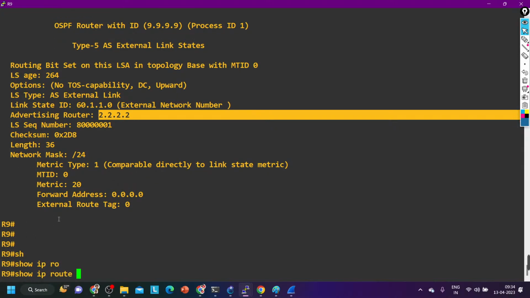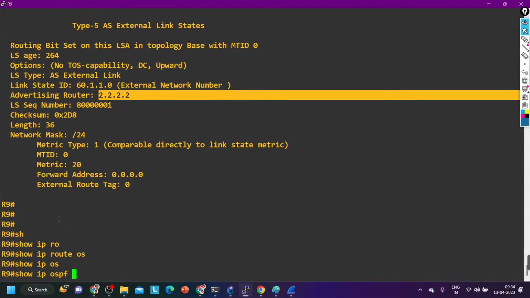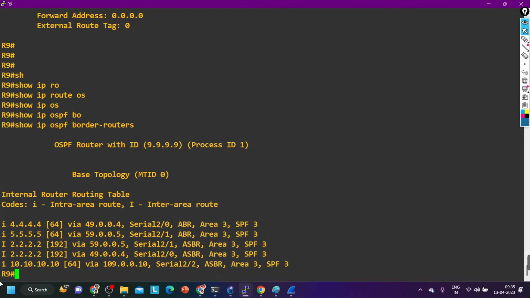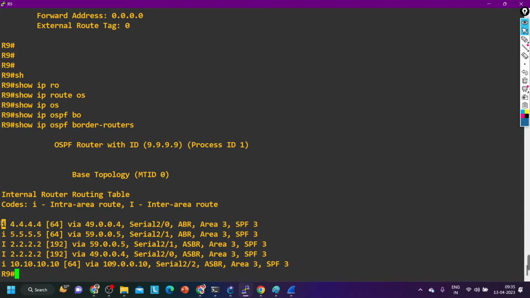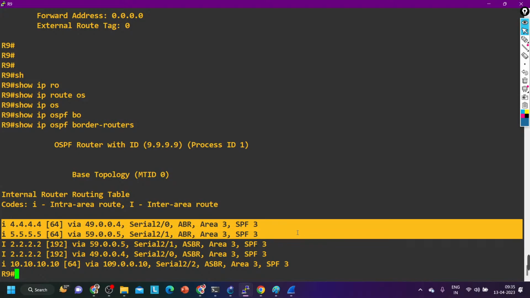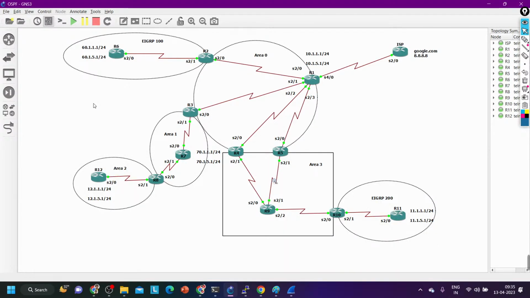So, show IP route OSPF, or by running the command show IP OSPF border-routers, here you can see both border routers have the same metric, same cost. Yes or no? Okay guys, later on we will discuss the forwarding address. What is this forwarding address, sir? Okay, we will understand it.